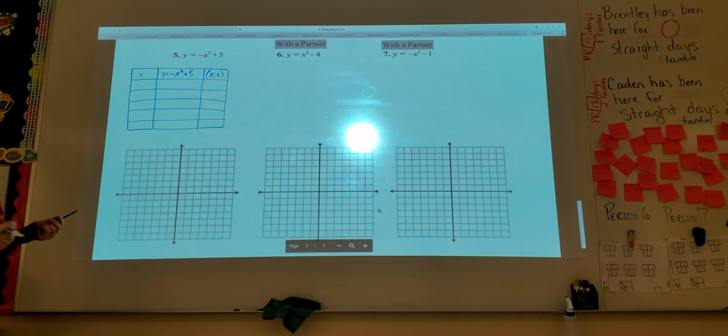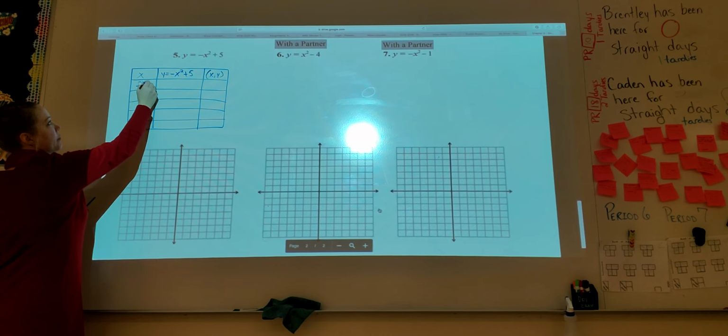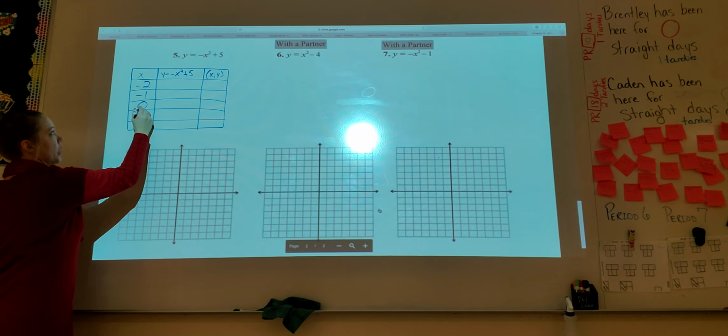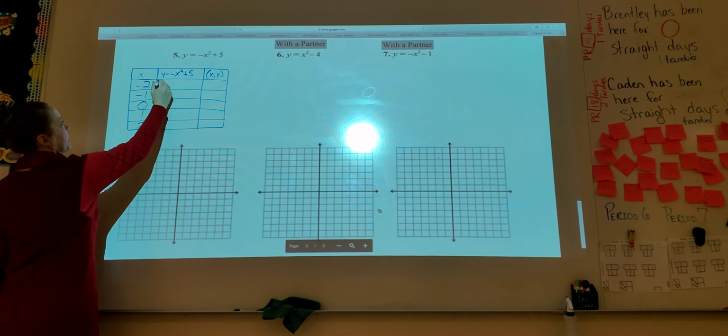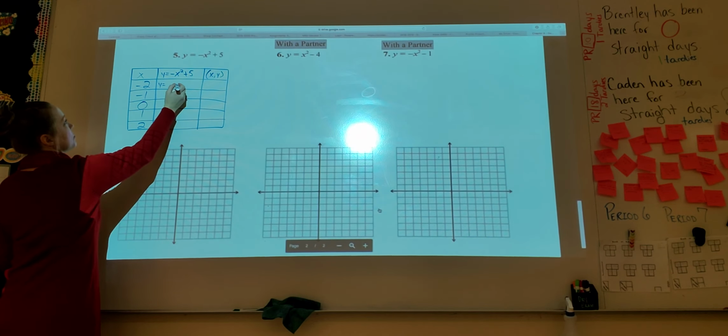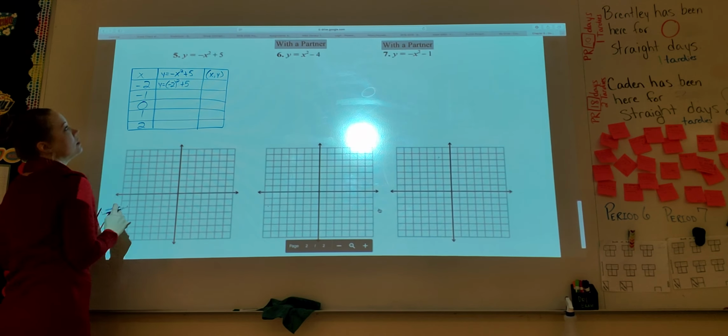So let's always choose a 0. And then maybe -2, -1, and 1 and 2. Why not? So I'm going to plug in -2, and always put it in parentheses.